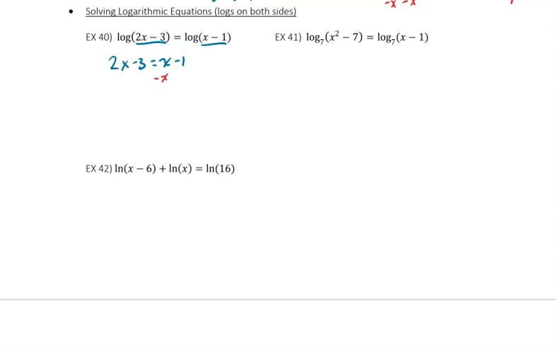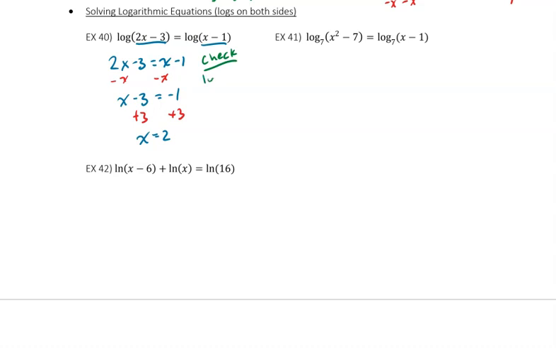So to solve it, we can subtract x. So we get x minus 3 equals negative 1. We can add 3 and get x equals 2. Now remember, we still have to check it, because it still started with a log.